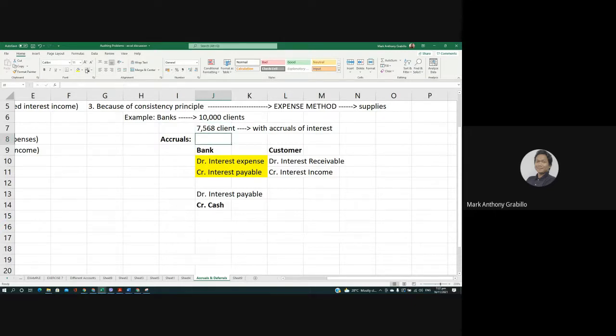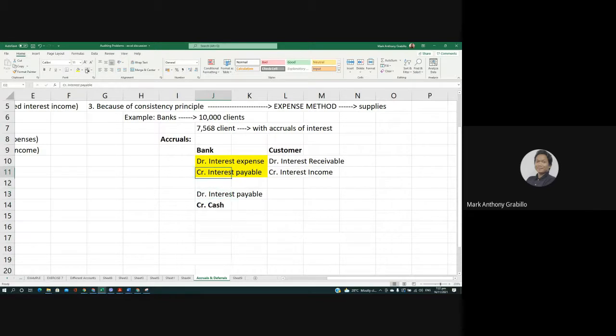So, can you monitor the 7,568 clients kung kailan sila babayaran or kung kailan sila mag-a-accrue? And then, how will you know na itong client mo is na-accruhan mo before, noong December 31? So, you don't know. Nakuha po ba? So, mamaya magkamali ka. Nakuha po ba?